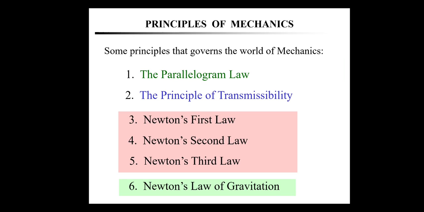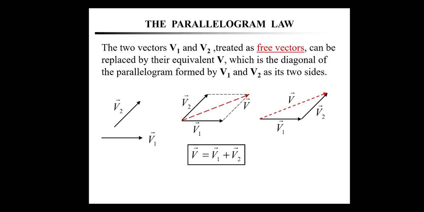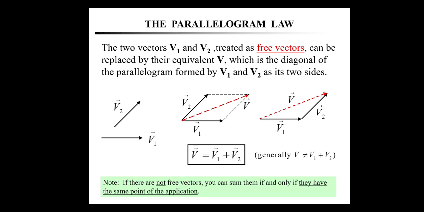Principles of mechanics: the parallelogram law, the principle of transmissibility, Newton's first law, second law, third law, and the law of gravitation. The two vectors v1 and v2, treated as free vectors, can be replaced by an equivalent v, which is the diagonal of the parallelogram formed by v1 and v2 as its two sides. Generally, v is not equal to v1 plus v2.